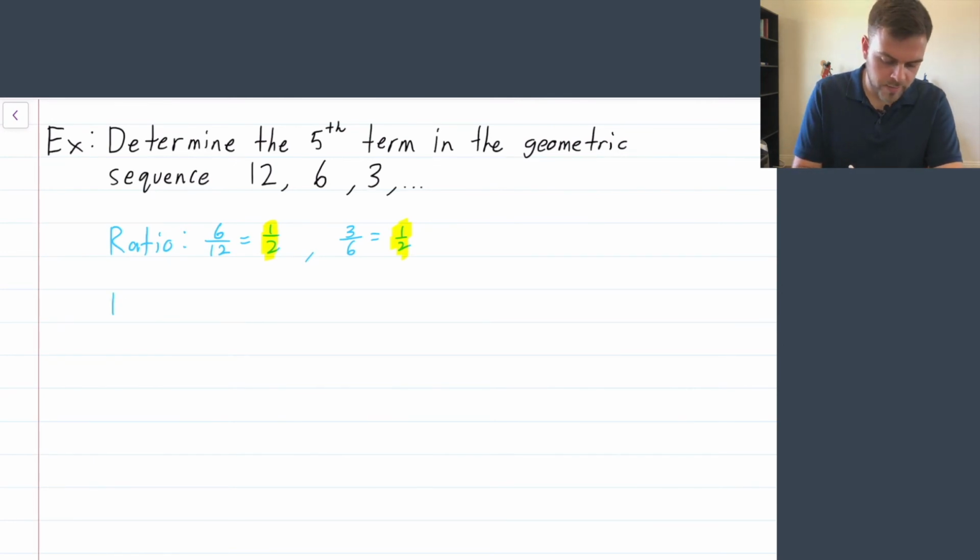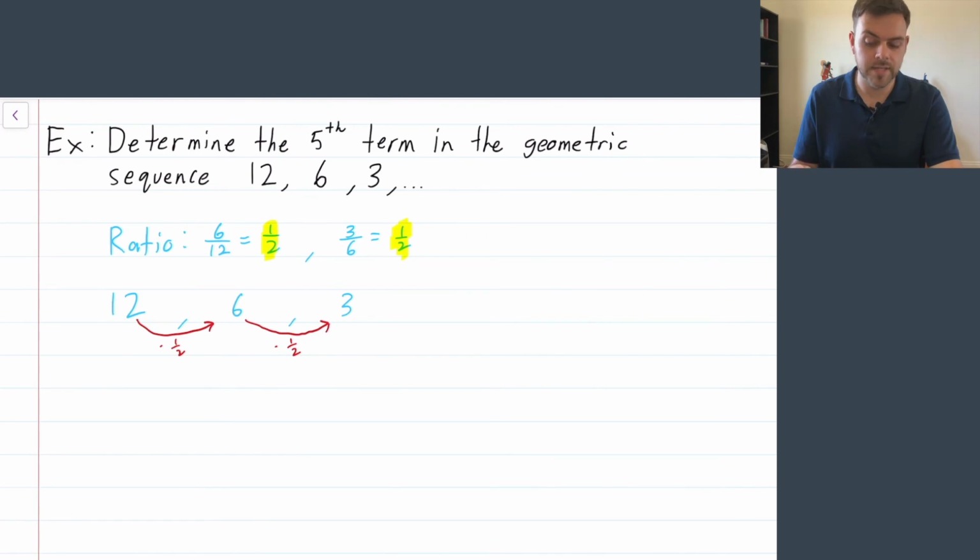We will rewrite our sequence, 12, then 6, and then 3. And just to confirm, let's use the common ratio to make sure. 12 times 1/2, so 12 divided by 2, that is 6. 6 times 1/2, you can think about that as taking half of 6, that is 3. And now, what's 3 times 1/2?